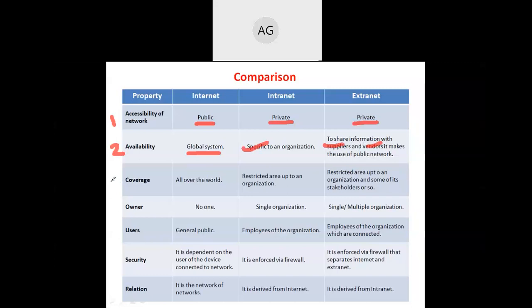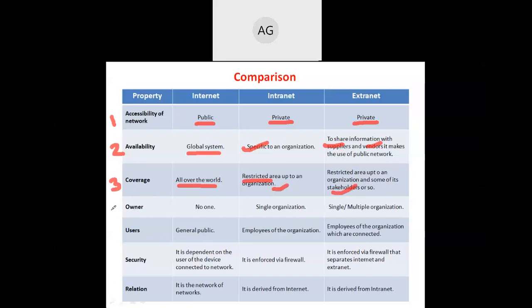Now the third property of difference is coverage. In the case of internet, it is available all over the world, whereas in the case of intranet, it is a restricted area up to an organization only. Whereas in the case of extranet, it is a restricted area up to an organization and some of its stakeholders. In the stakeholders, we can also consider the suppliers and the vendors.